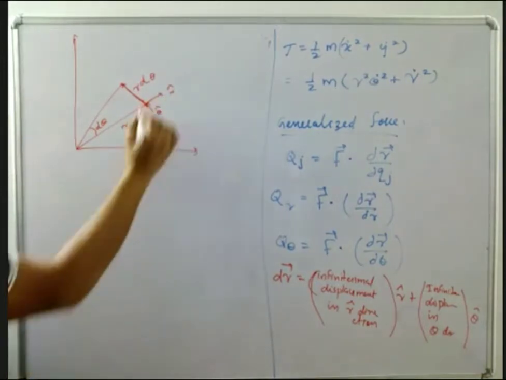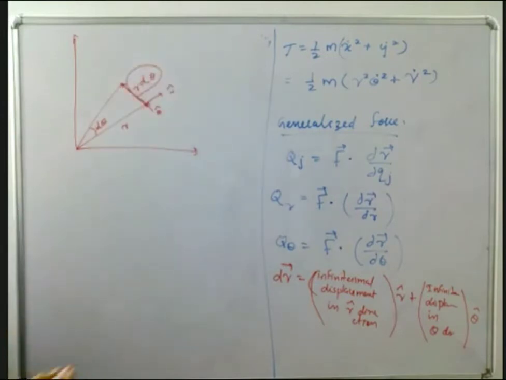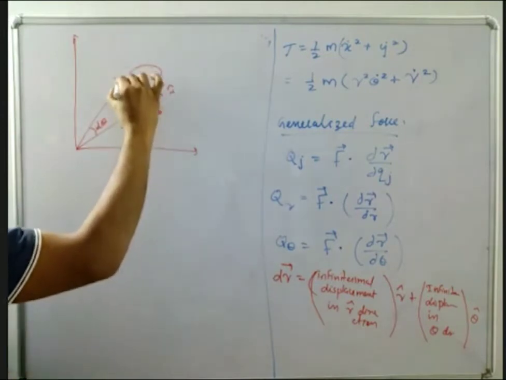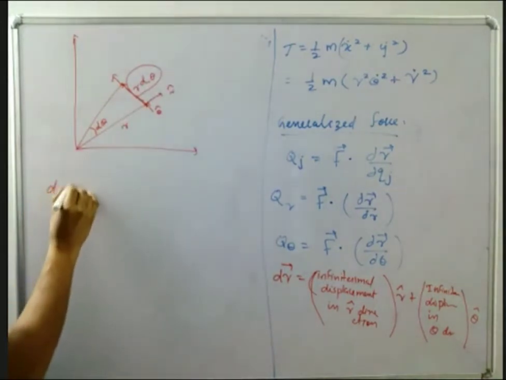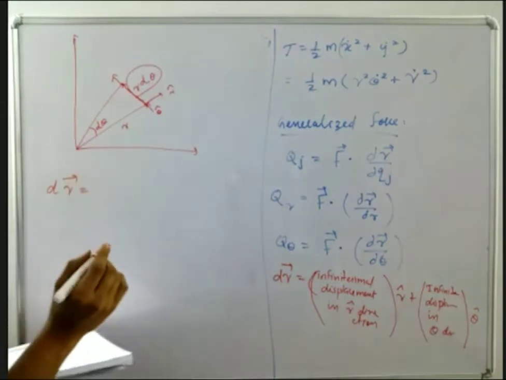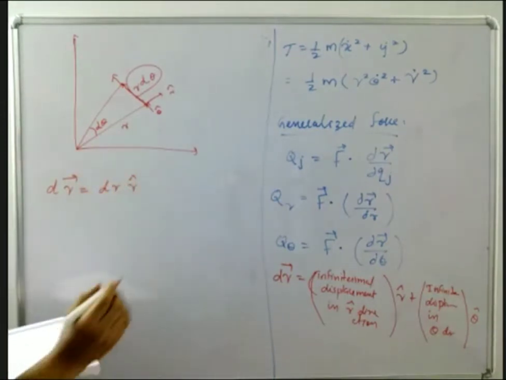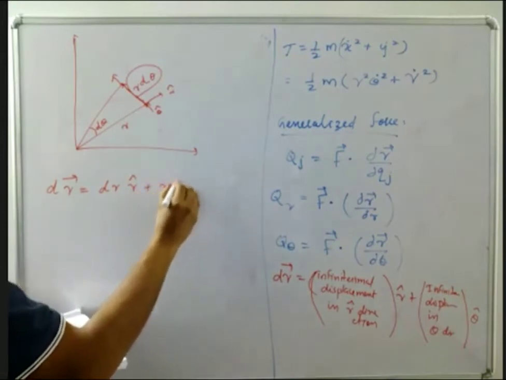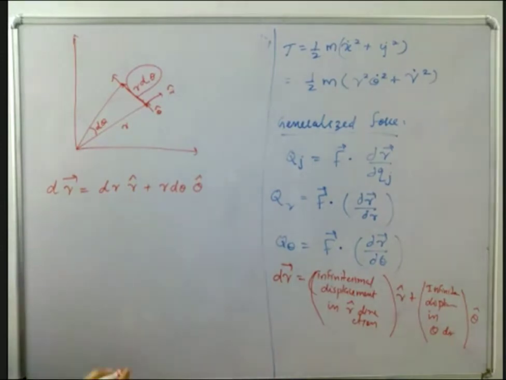The displacement in the theta cap direction is r d theta. So from this we can write dr vector is equal to dr r cap plus r d theta theta cap.